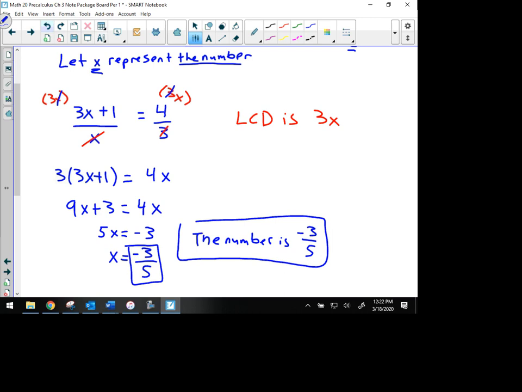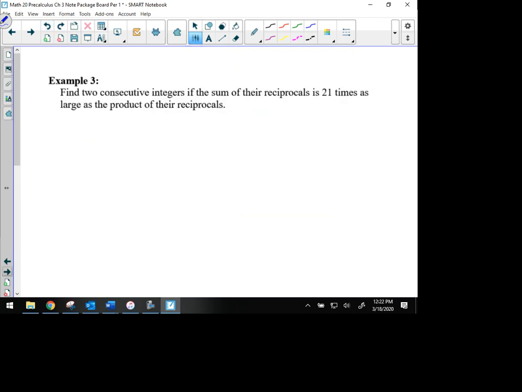Okay, so moving on to the second one. Again, most of the battle here is to decipher the wording in the question in order to set up our equation. So in this case, again, we want to ask what x is going to represent.